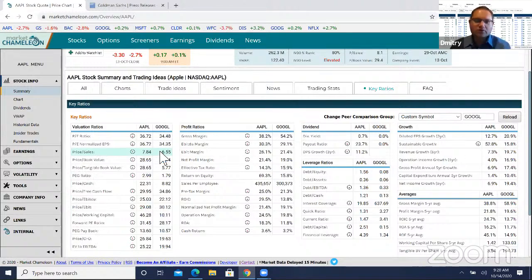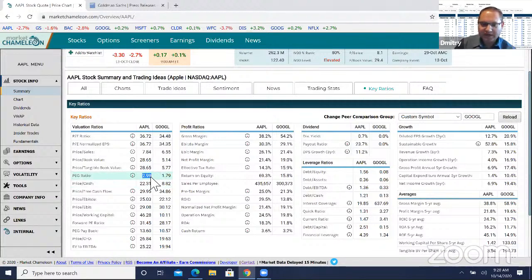Price versus book value, right? And that's one of the things with Warren Buffett, was very big on book value. But price versus book value, we see Apple 28.65 versus Google 5.14. So on a valuation basis, this is relatively higher. Same thing, tangible book. I'm going to come down here, price versus cash.